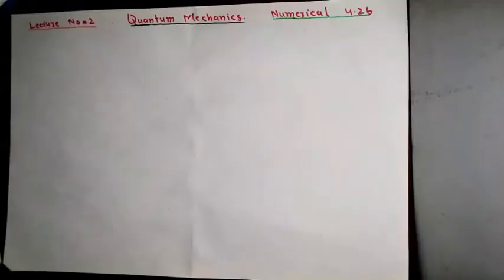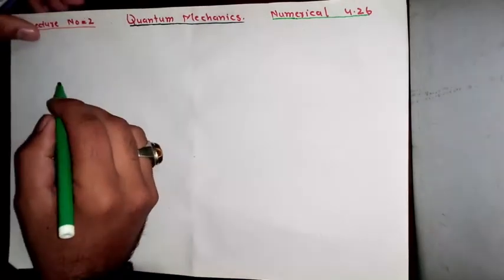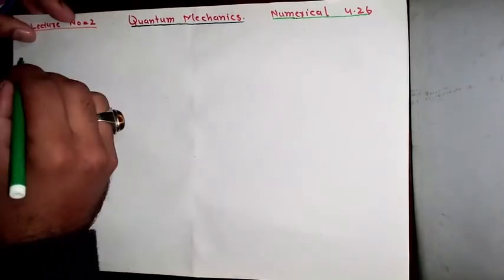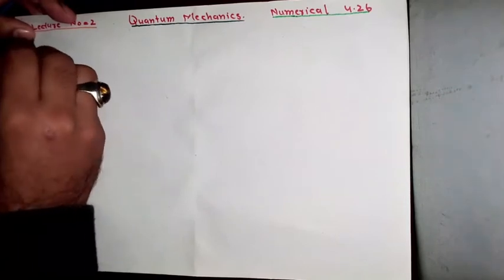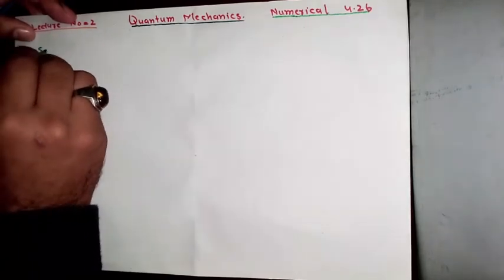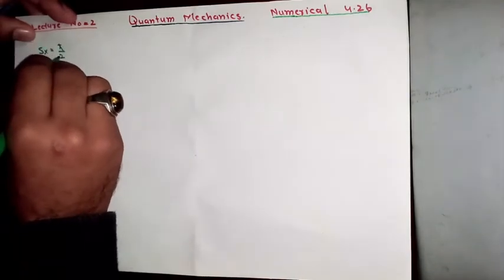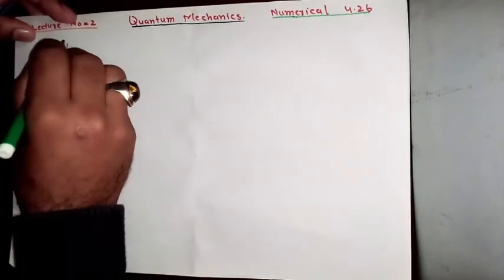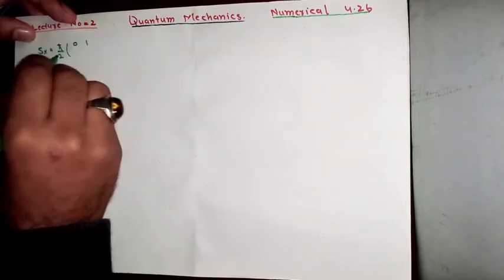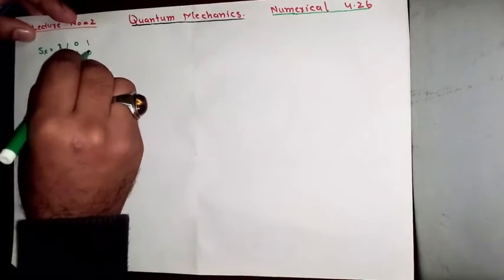I have to write equation 4.145 and equation 4.147. So equations 4.145 and 4.147 are: Sx is equal to h bar divided by 2 times the matrix [0 1; 1 0].